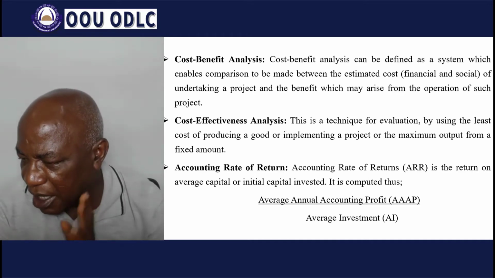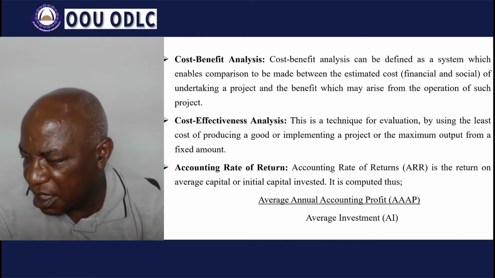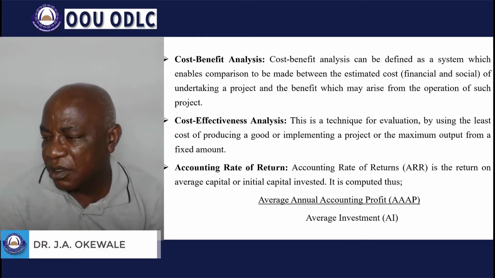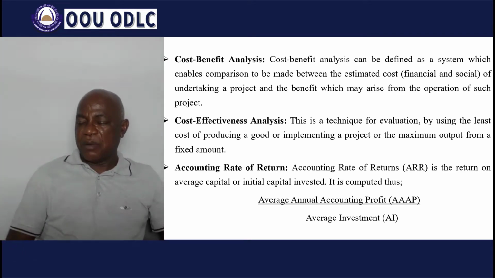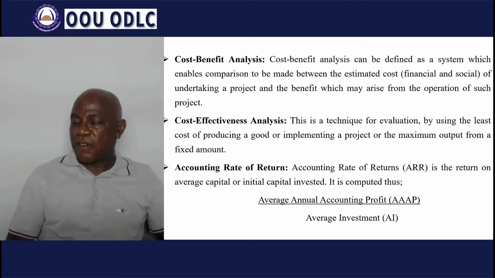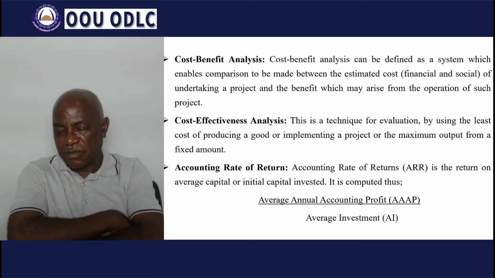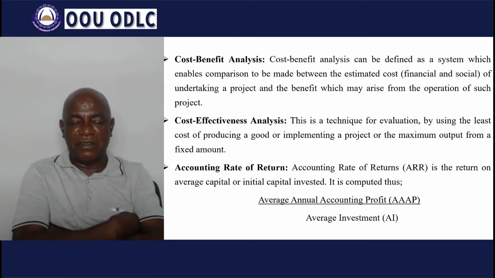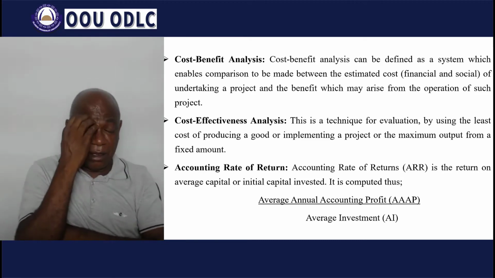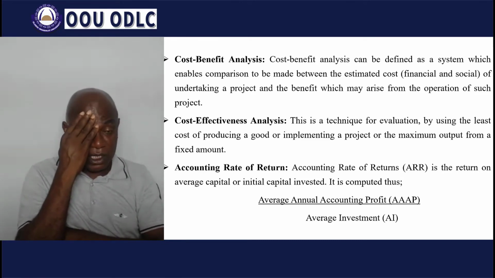And what is the decision criteria for selecting projects under accounting rate of return? The decision criteria is to accept the project that offers the highest percentage rate of return. Maybe you have 3 projects, project A, B, C. Project A is given an annual rate of return of 20%.